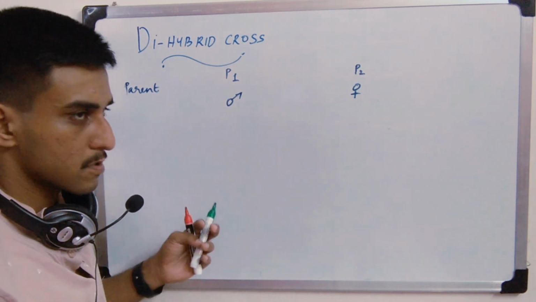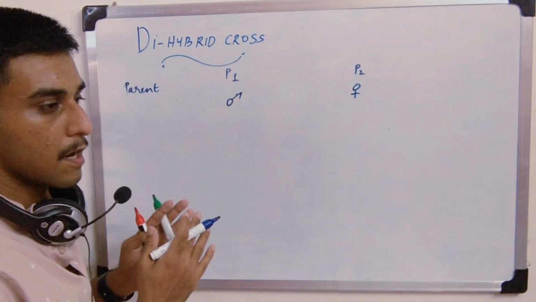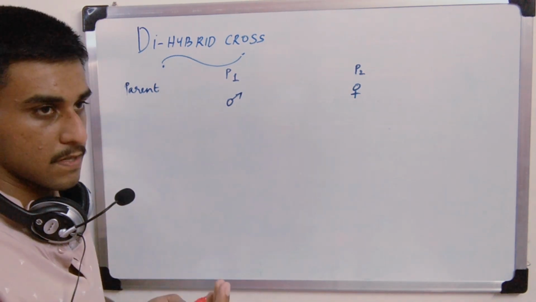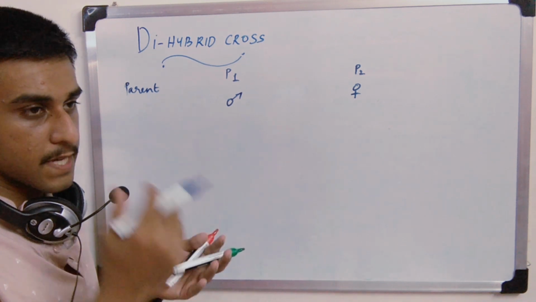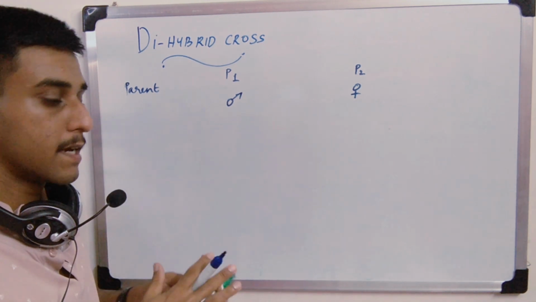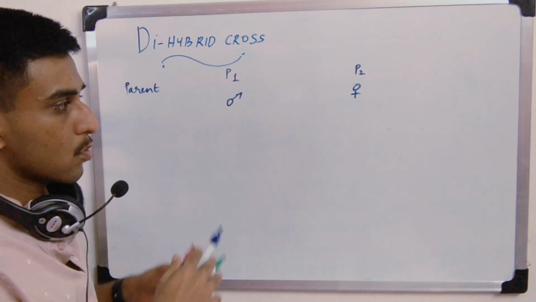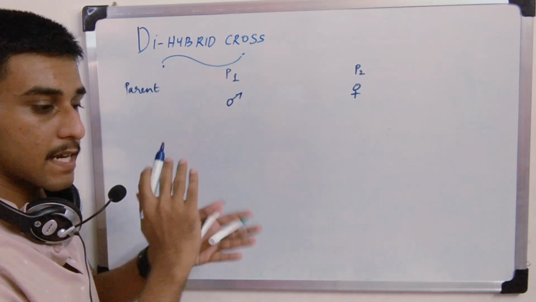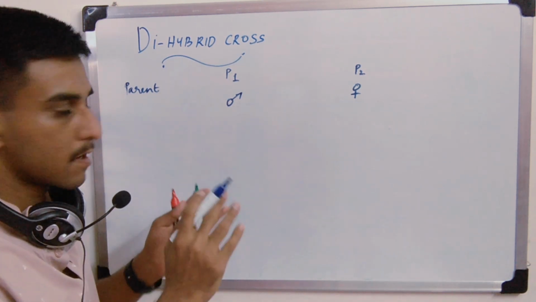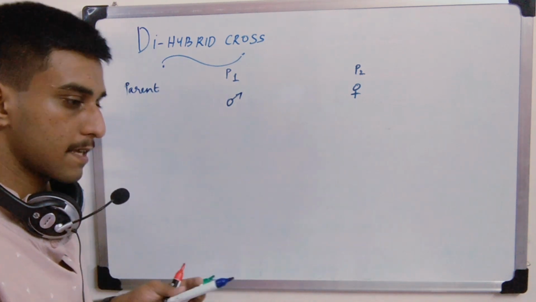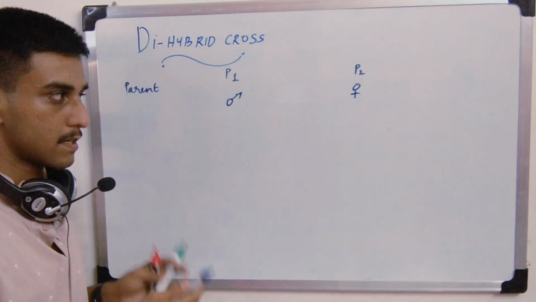I am saying this because here the result will be the same, but in certain other crosses like cytoplasmic inheritance, which we will be dealing with later, the reciprocal cross will not be the same. Here the reciprocal cross will be the same.